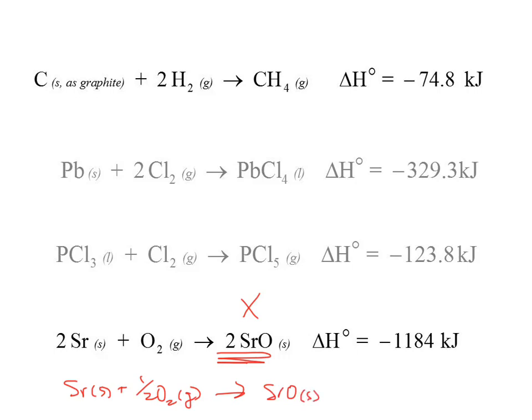And actually that would have to be delta H of SrO is 1/2 of negative 1,184 kilojoules. So we could fix it, but in and of itself it is not. All right, so that's how that goes.